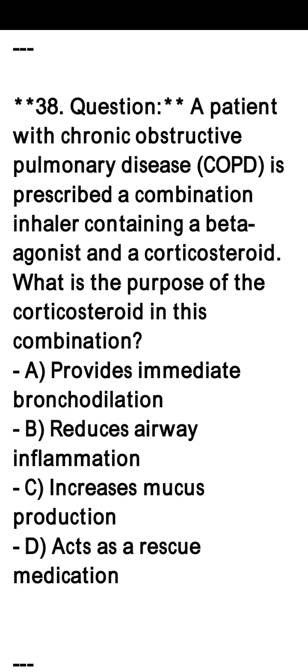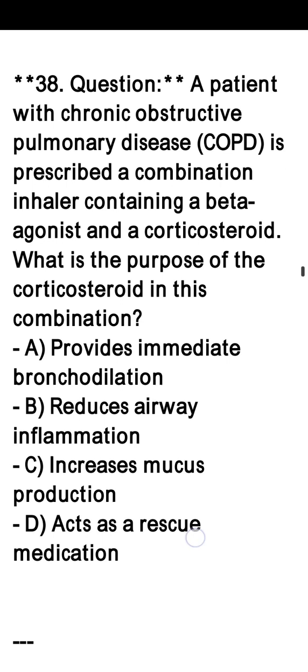D. Acts as a rescue medication. The right answer will be B. Reduces airway inflammation. The corticosteroid component in combination inhalers helps reduce airway inflammation, improving overall lung function and reducing exacerbations.